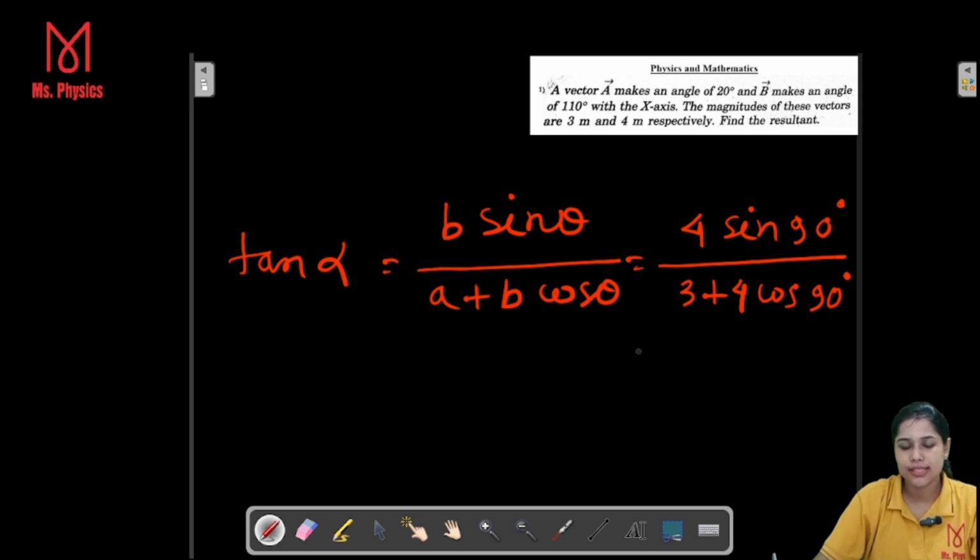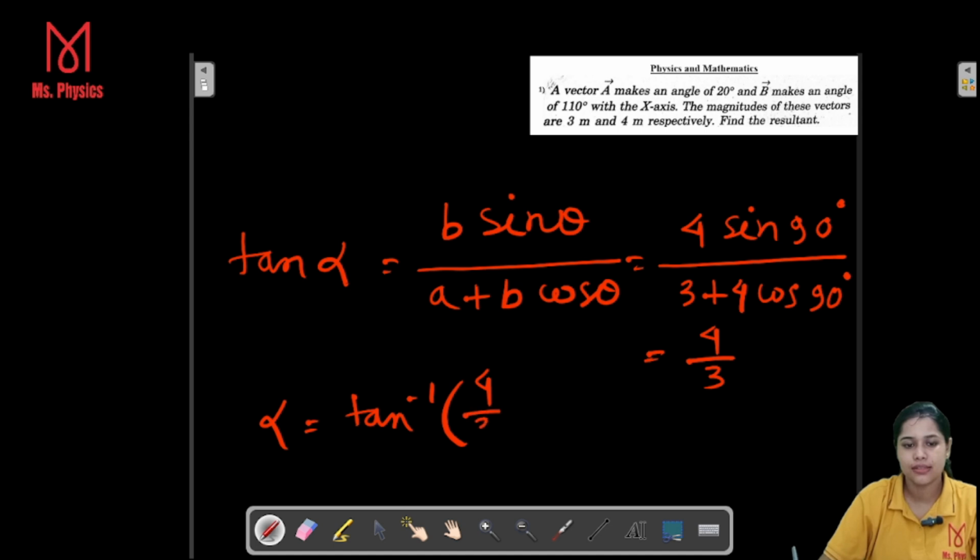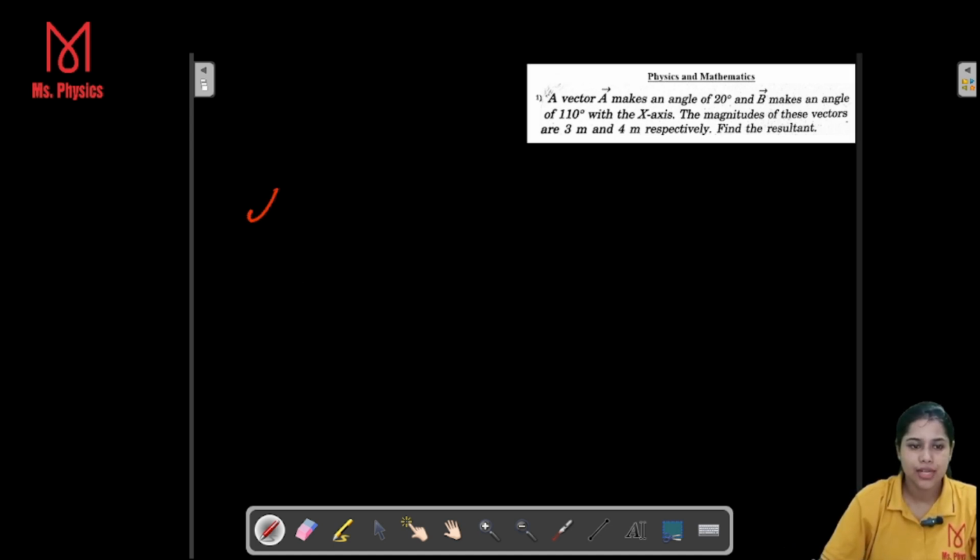If you calculate it, you get 4 over 3. Therefore alpha is equal to tan inverse 4 over 3. If you calculate it, alpha is approximately 53 degrees.